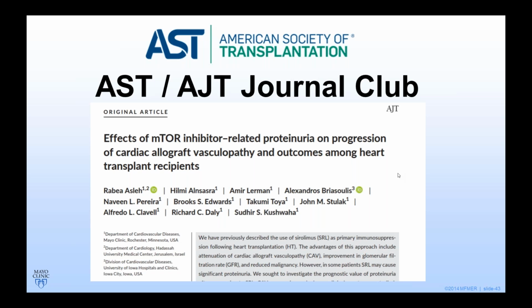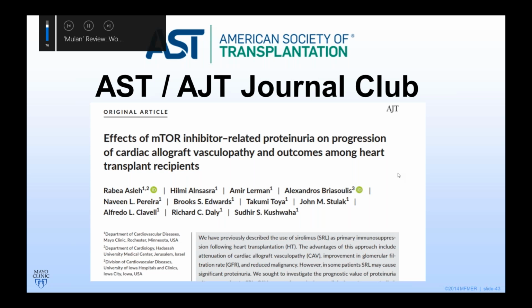And what we end up doing in those recurrent cases of rejection, in fact, we were just having a group discussion earlier last week about a patient of ours who has had previous severe fungal infection of the lungs, which he recovered from. And at that time, sirolimus was withdrawn because of the issue with sirolimus and potential lung toxicity.